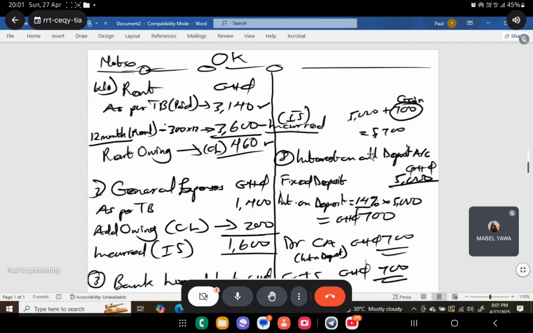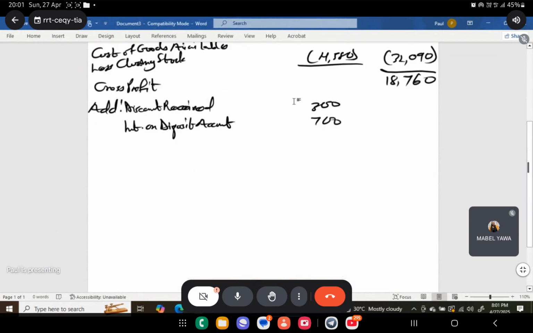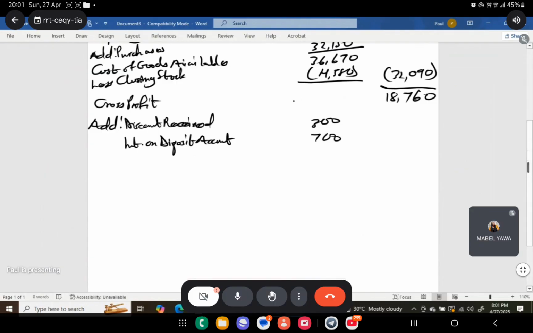So that interest becomes a gain, and that gain will be treated as other income. So we add it to this, and our total income becomes 19,700. That's our total.